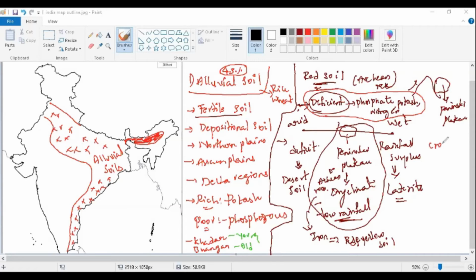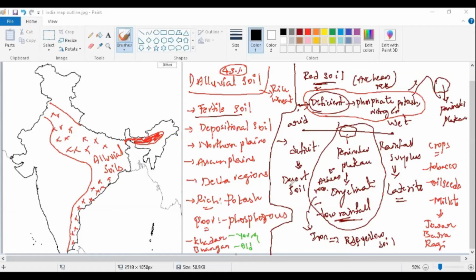And it favors crops such as tobacco, oilseeds, millets. What do millets include? Jowar, bajra, ragi, right? Food for the poor man, we call it. Fine, this is about red soil.